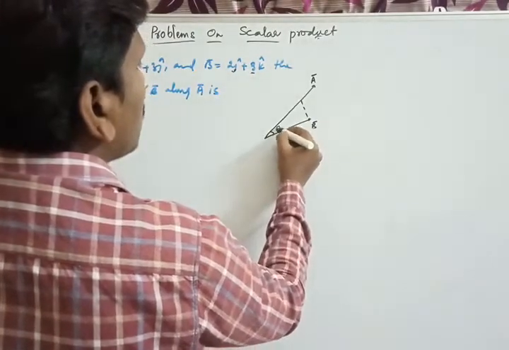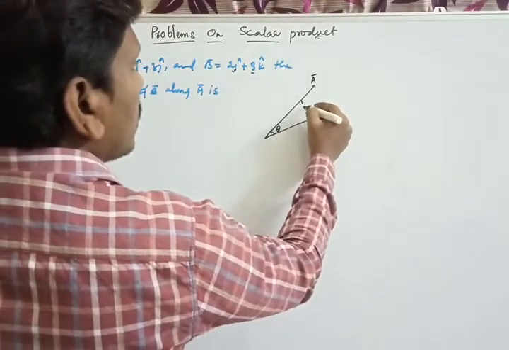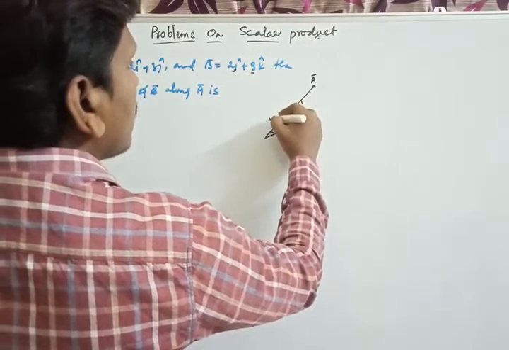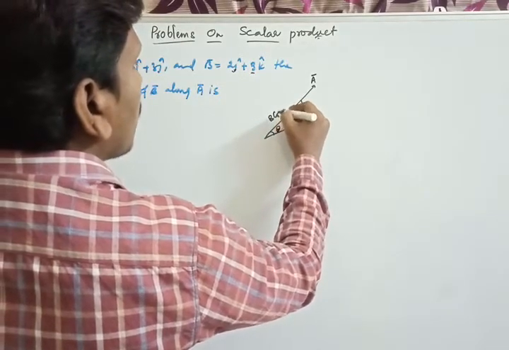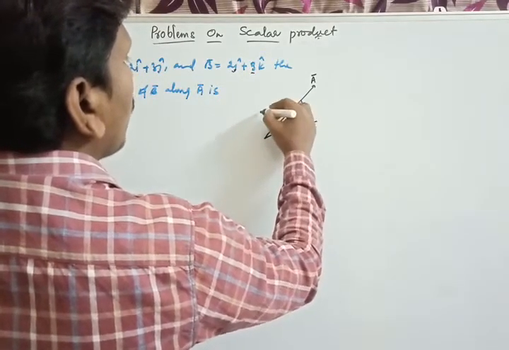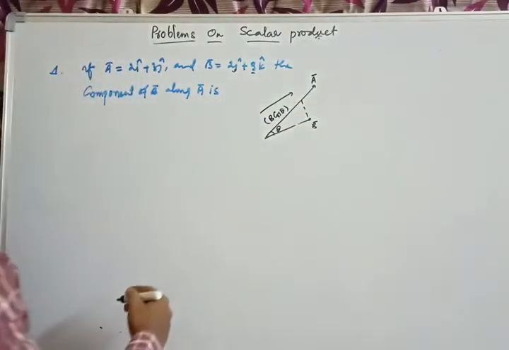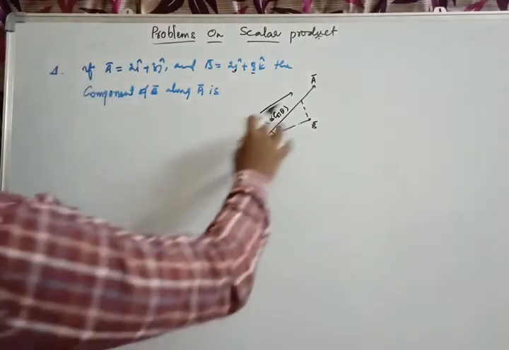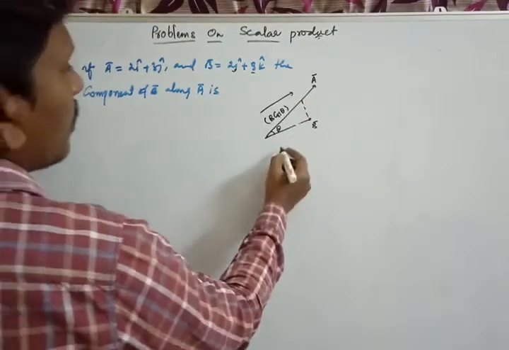The angle between them is theta. Now this normal line indicates the component of B bar vector along A bar vector. This component we have to find.